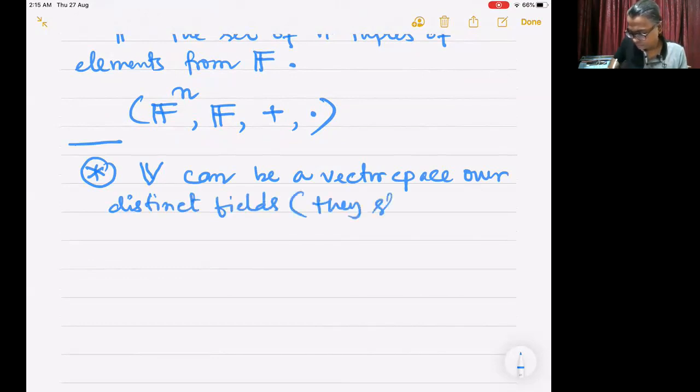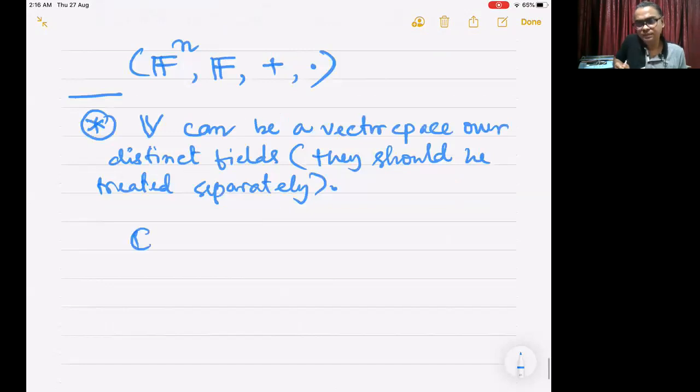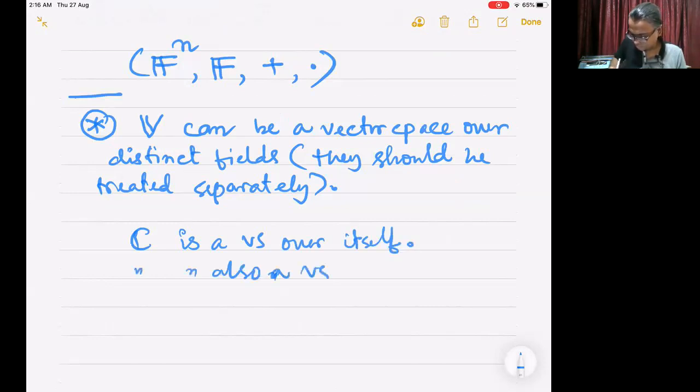In that case, they should be treated separately. We cannot commingle them or confuse them. I'll give you an example. C is a vector space over itself, but C is also a vector space over R. The two structures are different.